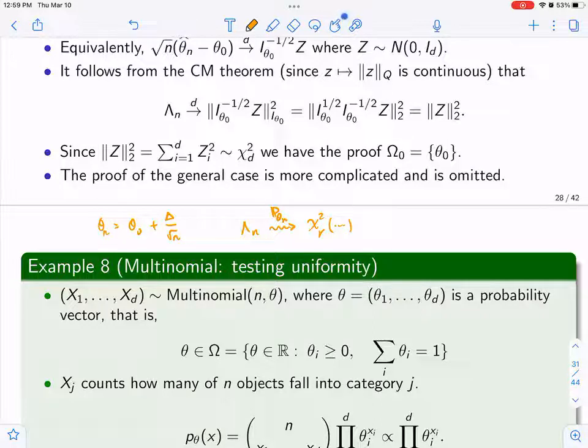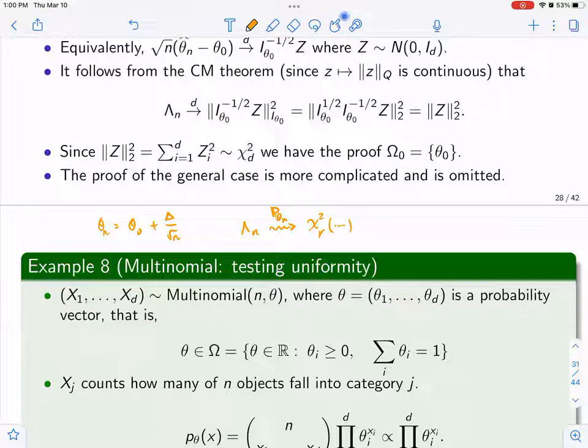Instead of assuming that the data is generated from a single p theta, here you're assuming that it's generated from p theta n. As I get more and more samples, I'm going to shrink theta towards the null. This makes the problem harder, because as I get more samples, my parameter is also closer, so the distributions are also closer.